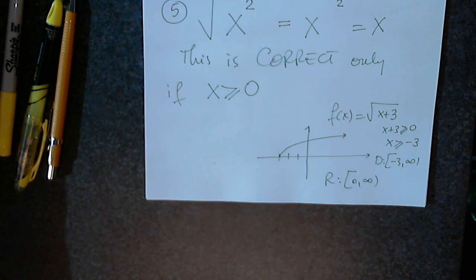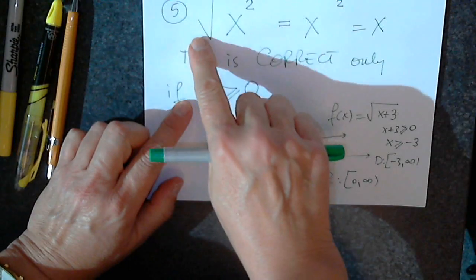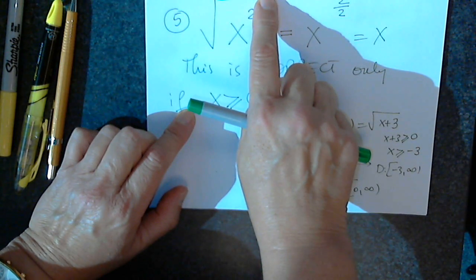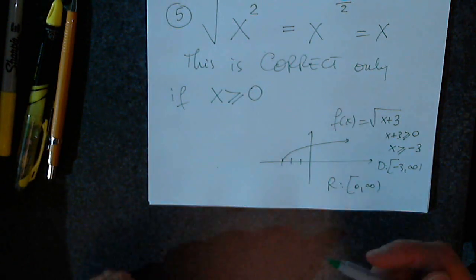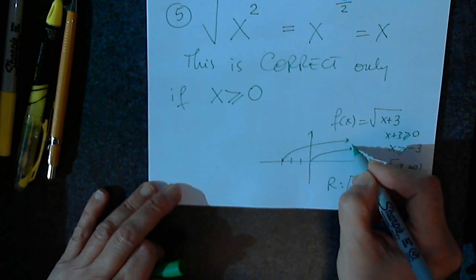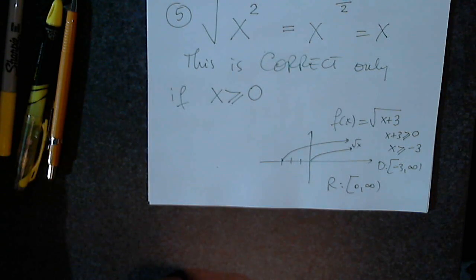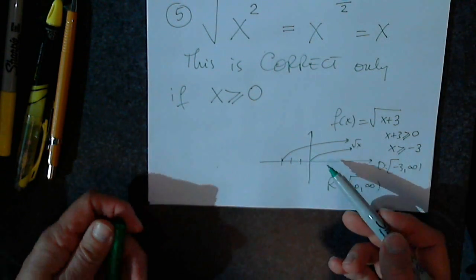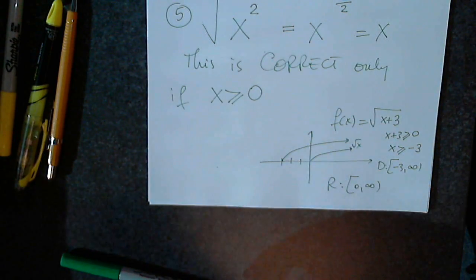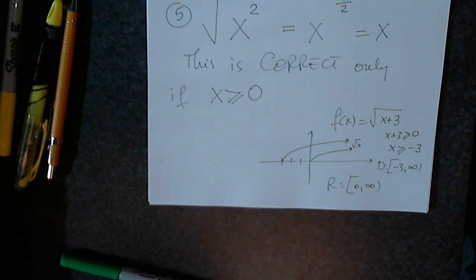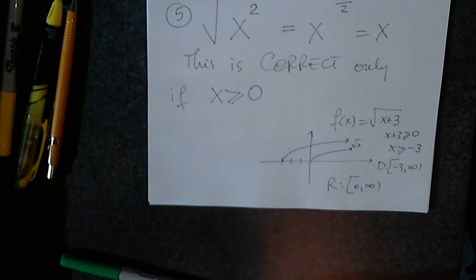So here's what happens. Every time we take the square root from a quantity, this is the square root function, right? We graphed the square root of x a long time ago. Every time I have something like this, the square root, two conditions have to be fulfilled.